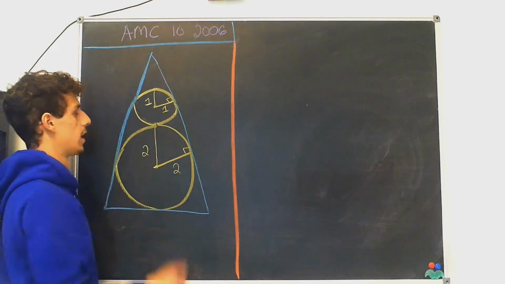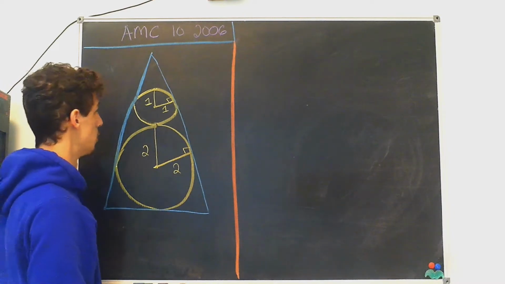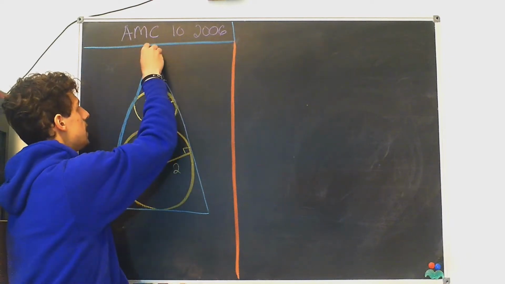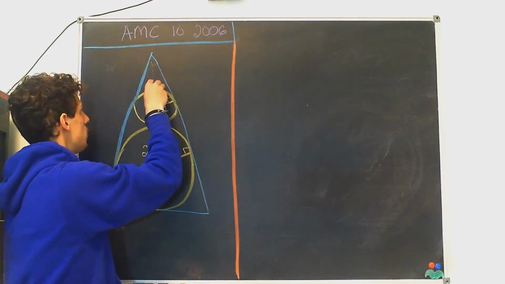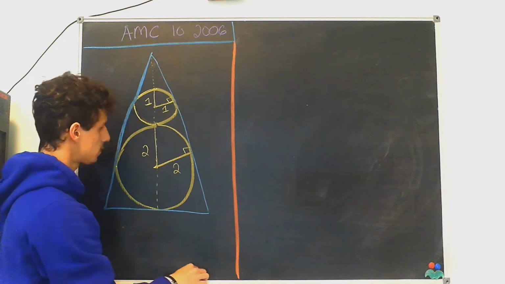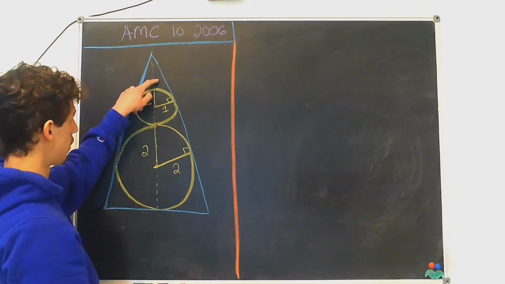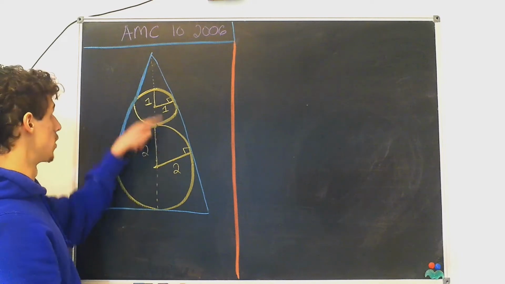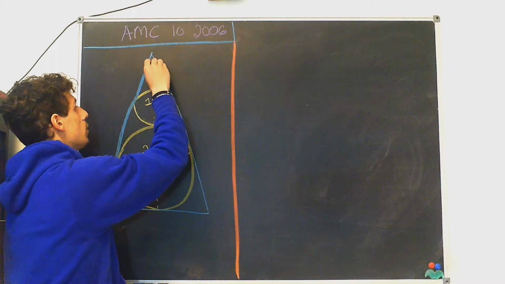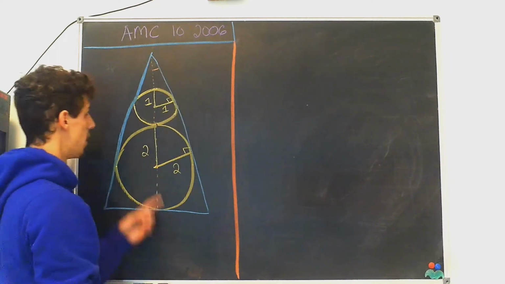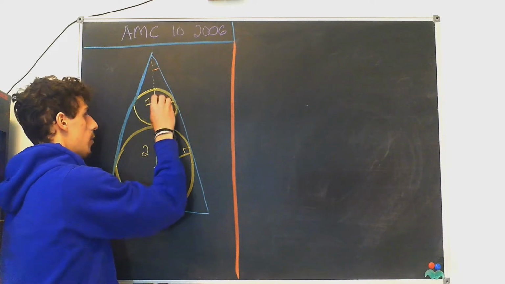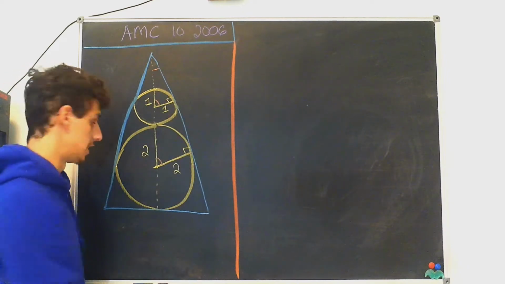So this circle has a radius of 1, this circle has a radius of 2. Now, if we extend a line to the top of this triangle like so, all the way through, we can find that this triangle is similar to this triangle because they share an angle here at the top that I'll color in orange. They also share these angles here, and we know that because the other angle is 90 degrees.